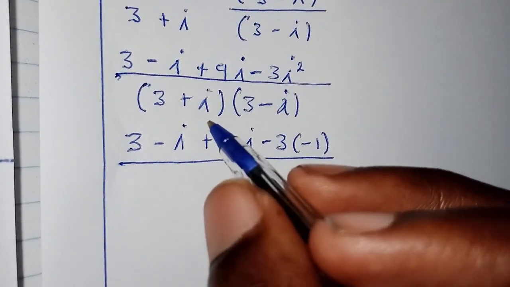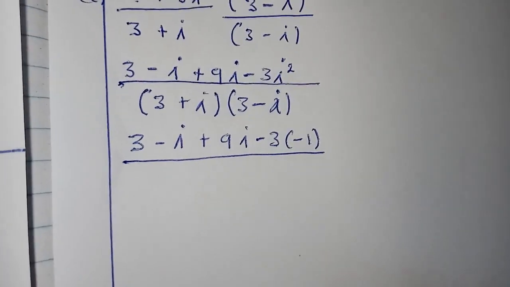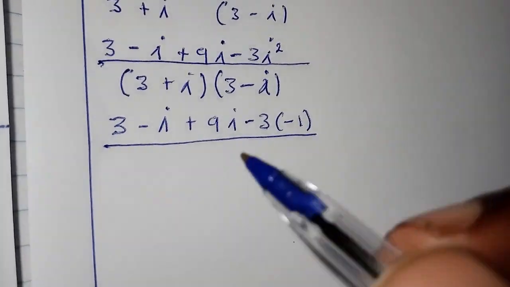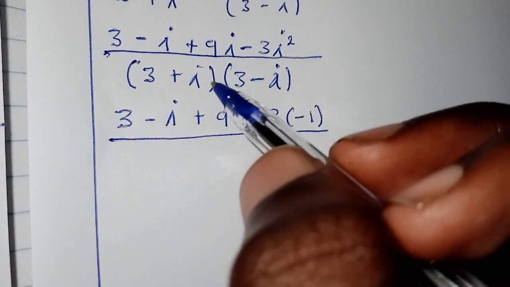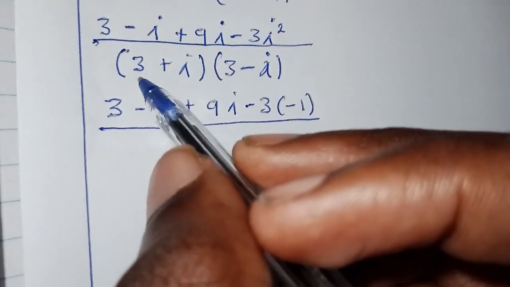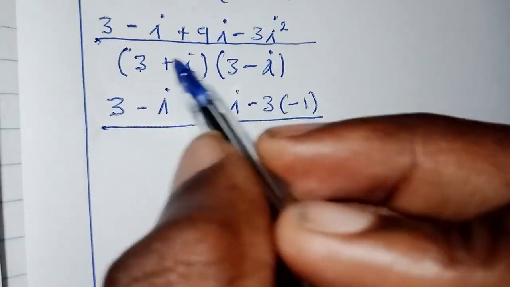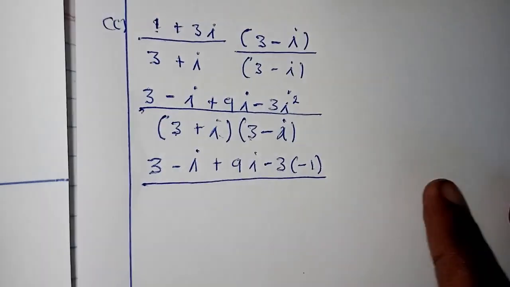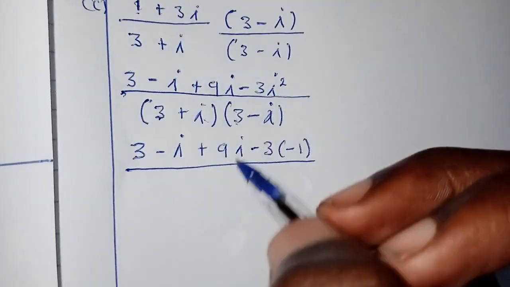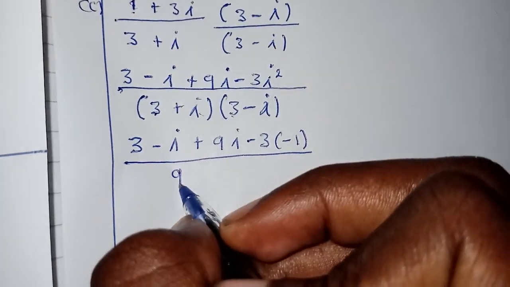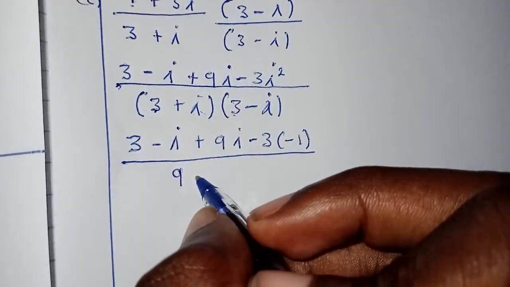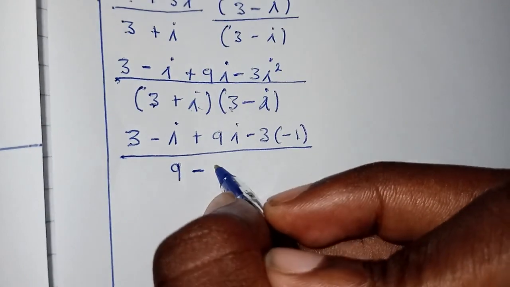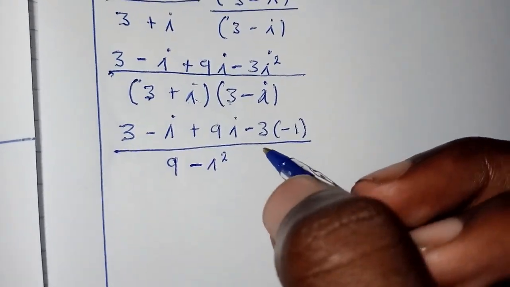Over. So when it comes to the denominator, you don't even have to expand anything. You just multiply in their corresponding positions. So this and this will multiply, this and this will multiply, just like that. You don't have to expand. So 3 multiplied by 3, it is 9. i multiplied by negative i, it is simply negative i to the power 2.